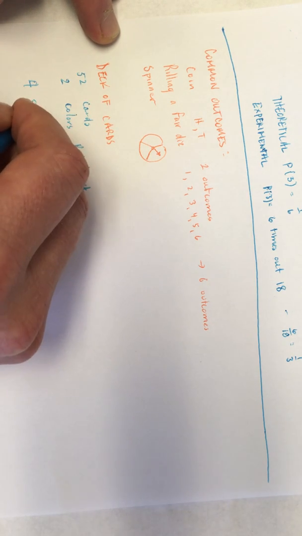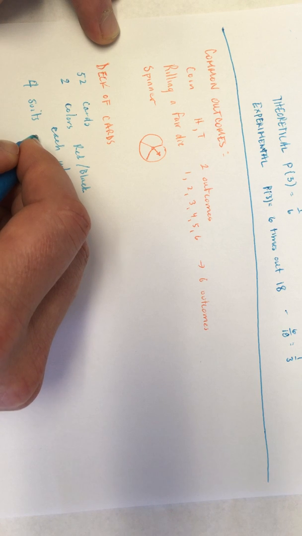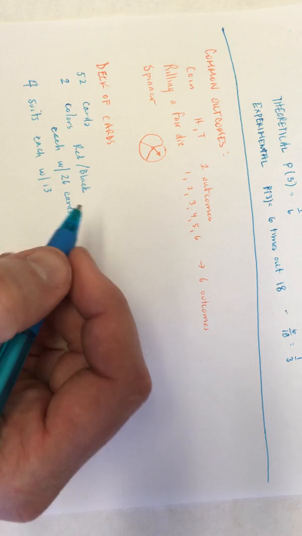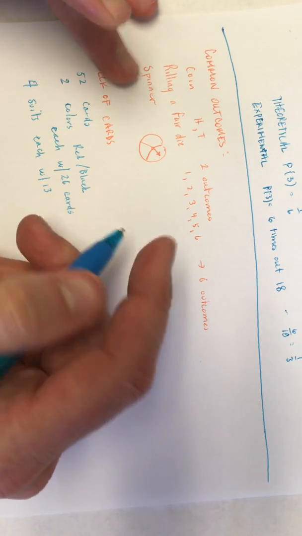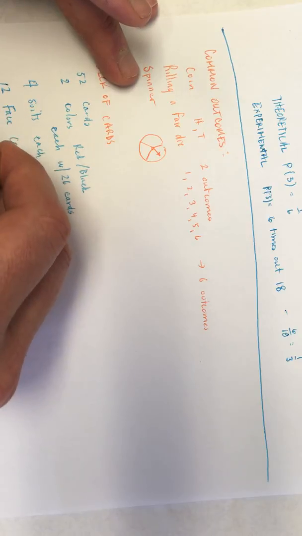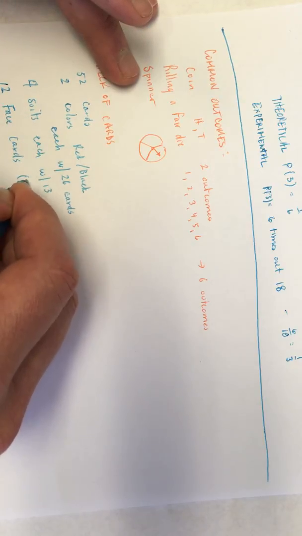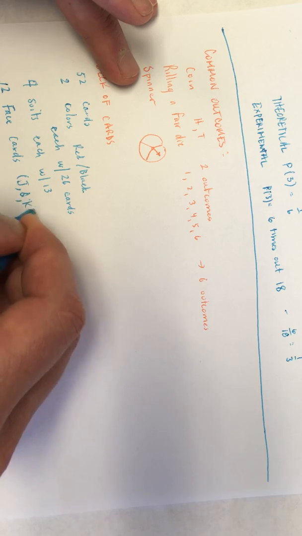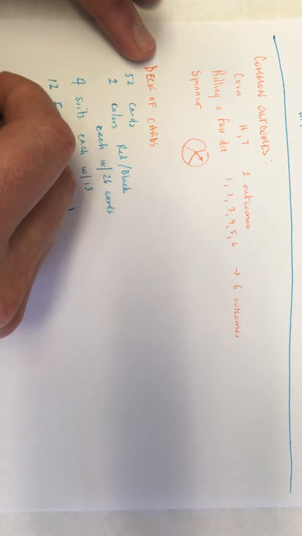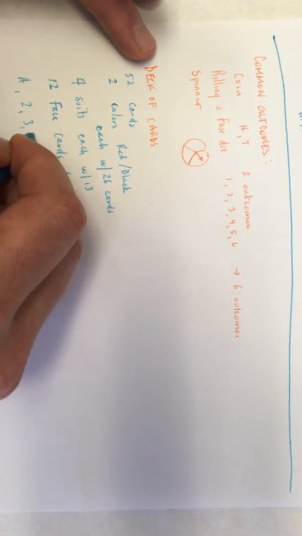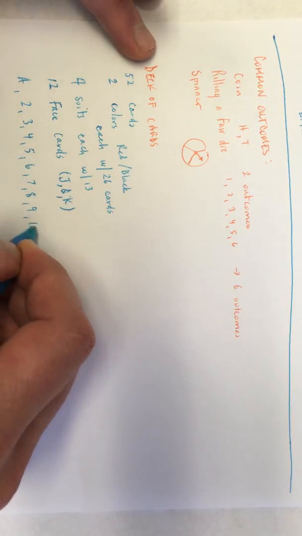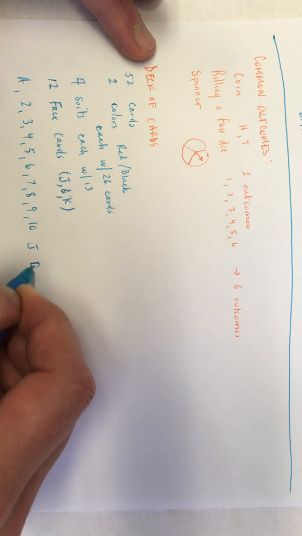There are 4 suits, each with 13 cards. 4 times 13 is 52. 2 times 26 is 52. There are 12 face cards. Jack, Queen, and King. And then here's the kind of outline of all of those. It goes Ace, 2, 3, 4, 5, 6, 7, 8, 9, 10, Jack, Queen, King.